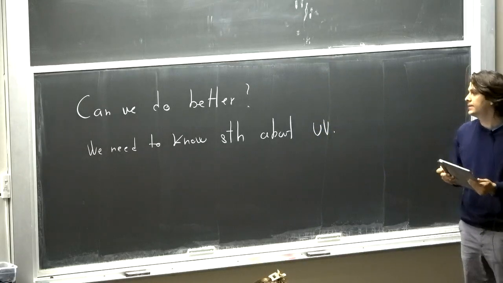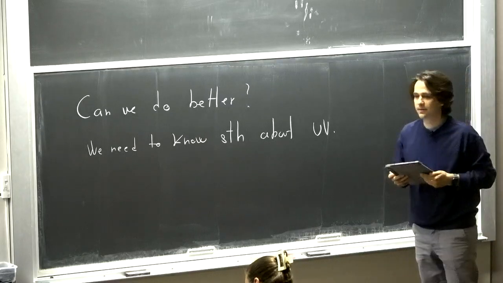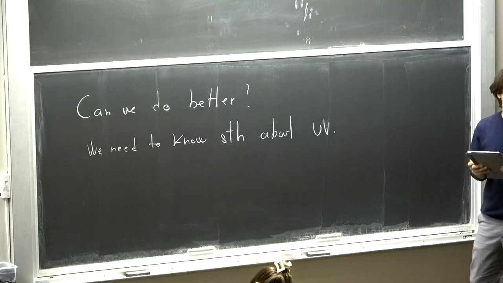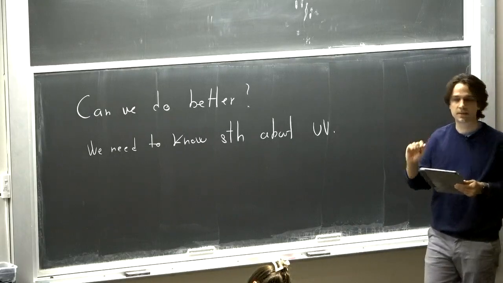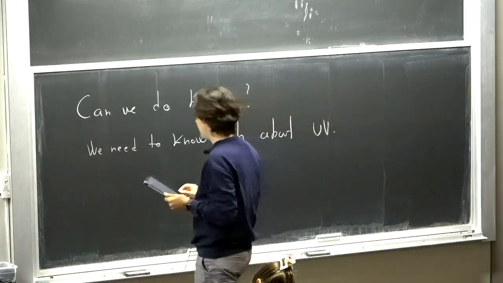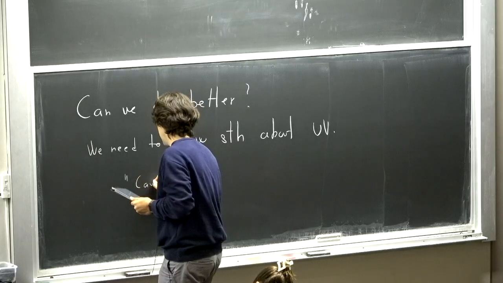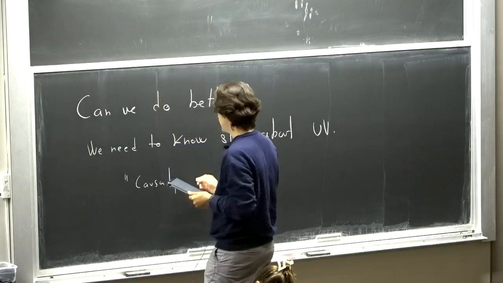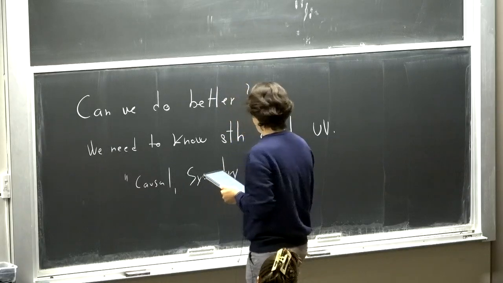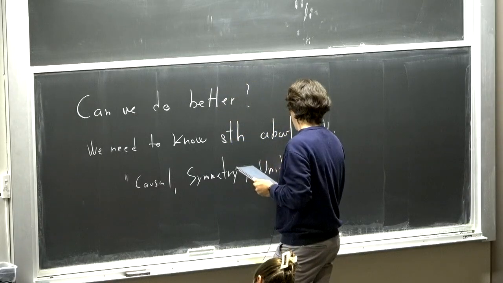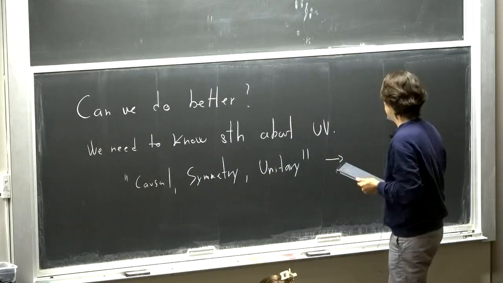But I'll argue that the only thing that we need to know about the UV to put some constraint on its coefficients is, again, that it satisfies all of these principles that I'm talking about. Actually, I won't even use locality. So I'll argue that if the UV theory is causal, has some symmetry properties, and is unitary, then we're going to put some bounds on these G's.